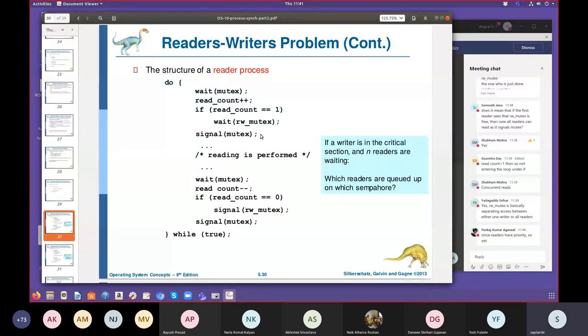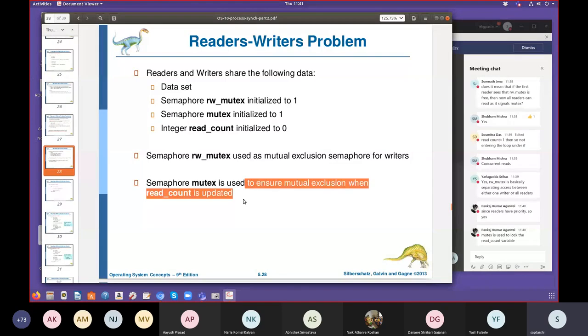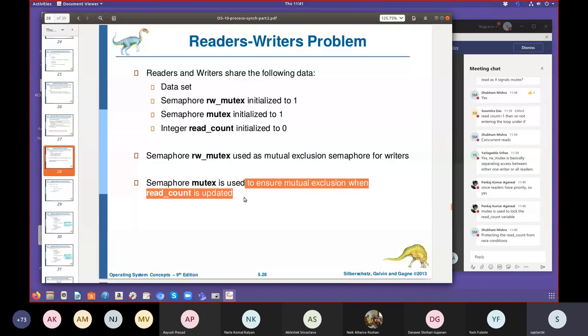So what is mutex actually used for? This was written two slides back. Mutex is used to ensure mutual exclusion when read_count is updated. Yeah, what Shubham and Pankaj are saying.